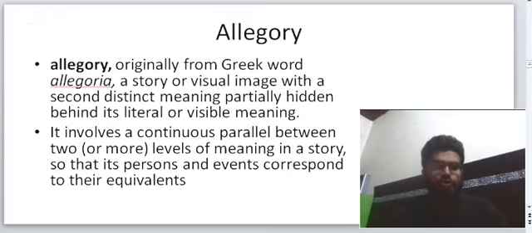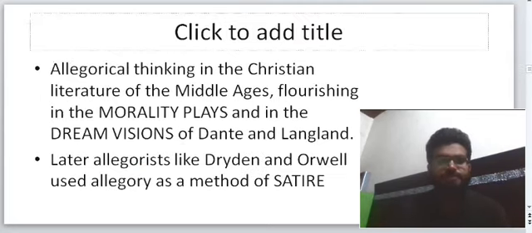So, we look at how the writer is using these two things to create meaning. In that story we look at characters and what these characters actually symbolize. We look at different events and what these events actually refer to. So, this is a continuous parallel between multiple levels of meaning.